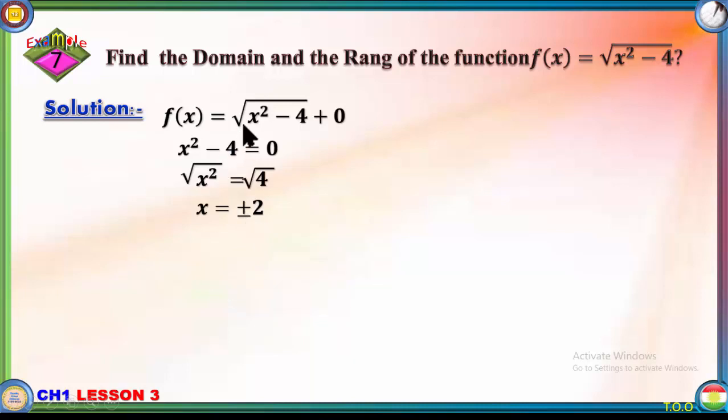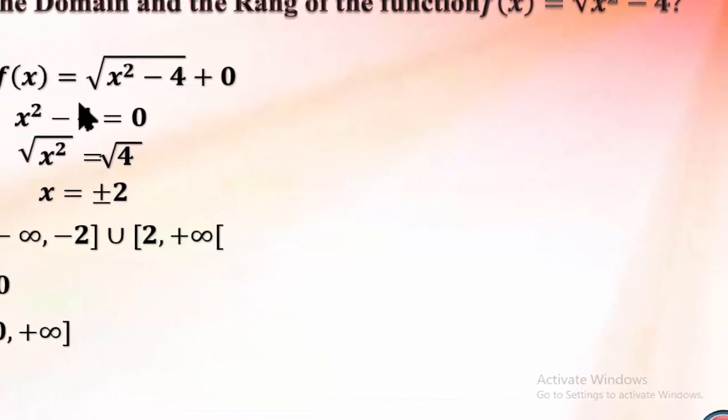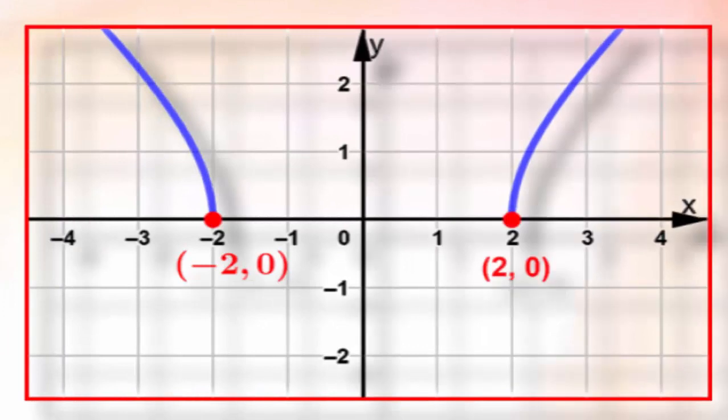Because the leading coefficient is positive, the domain starts from minus infinity to minus 2, union 2 to the positive infinity. But because k is 0, the range begins from 0 to the positive infinity, because the sign of the square root is positive, as you can see in this graph.